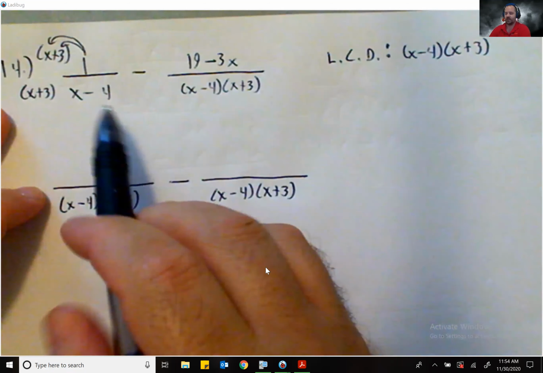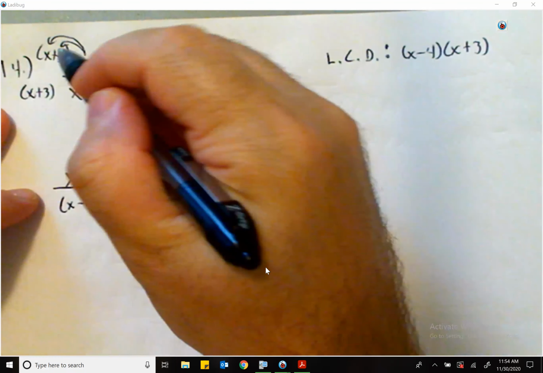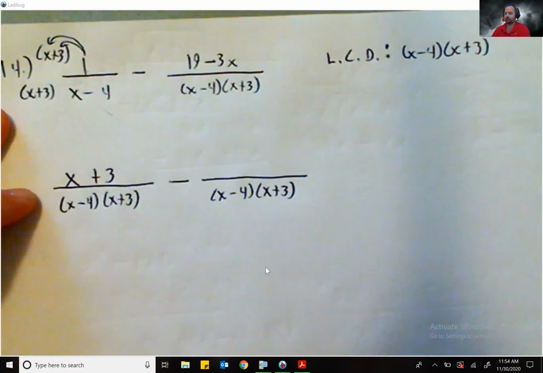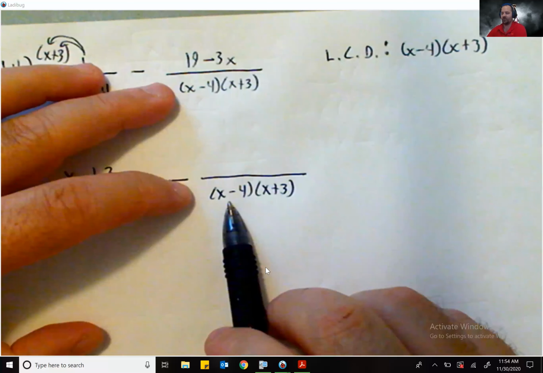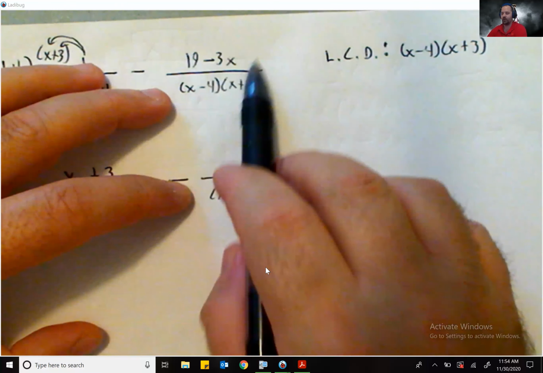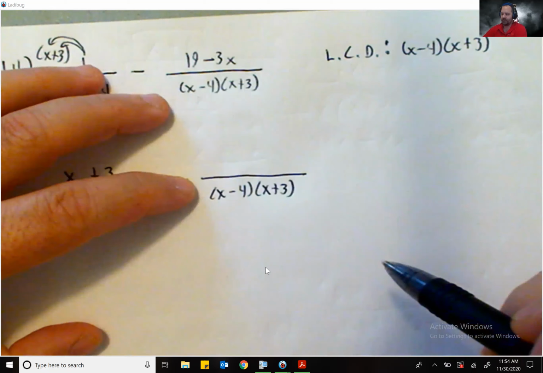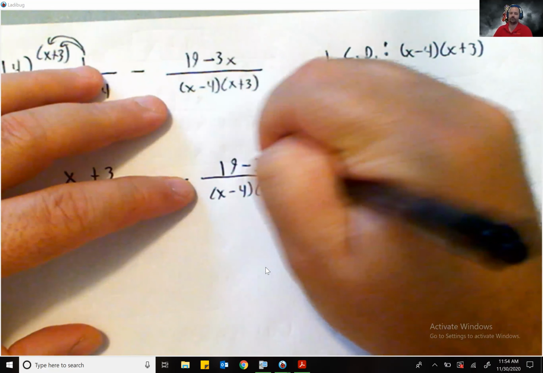What's 1 times x? X. And what's 1 times 3? 3. Now over here, these two already match. So do I have to do anything with this numerator? Nope. If the denominators match, don't change it.